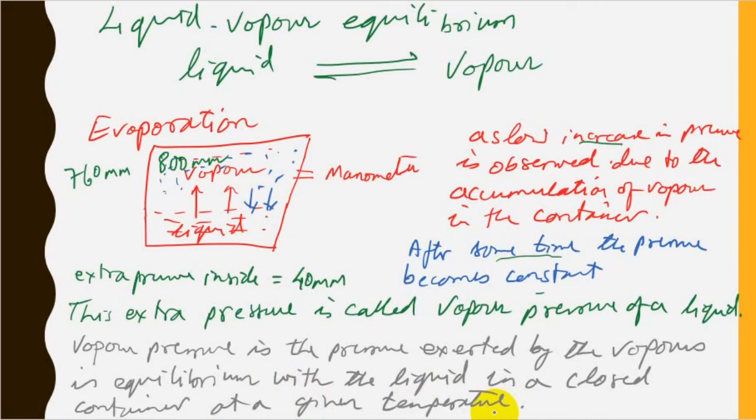Now this vapor pressure is attained, then only equilibrium can be there. Suppose I take a liquid and vapor, and this vapor pressure is not yet attained. That means the system is not in equilibrium. So the condition for liquid vapor equilibrium is that the vapor pressure has to be attained in the container.